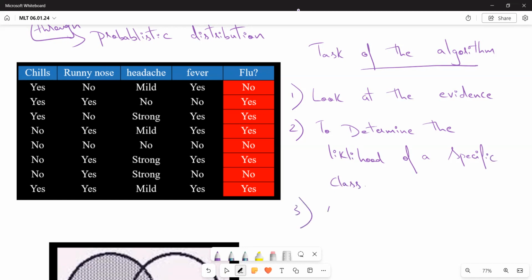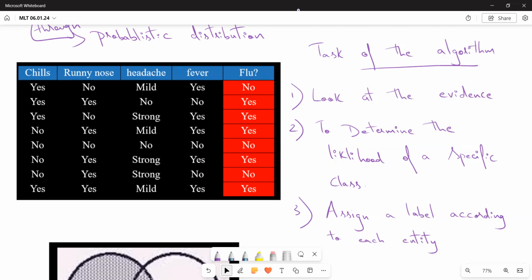And the third one is to assign a label according to each entity. So this is what you try to do. When a set of data is given to you, this is what you try to analyze from it. This is what an algorithm would do.